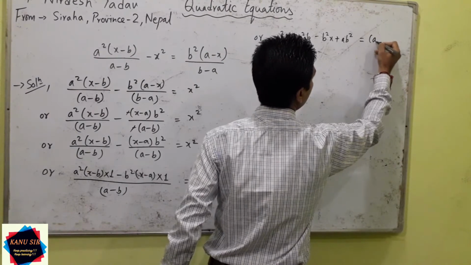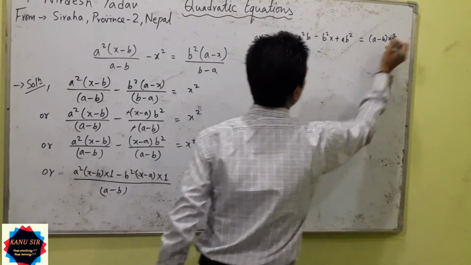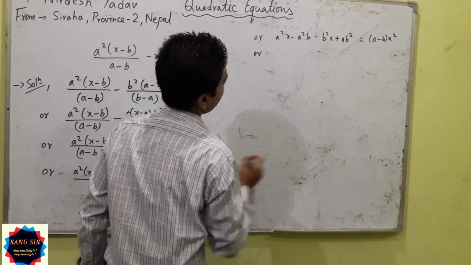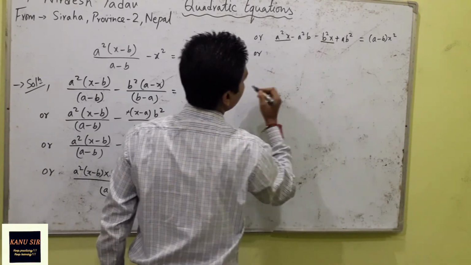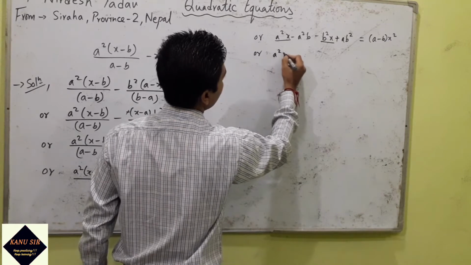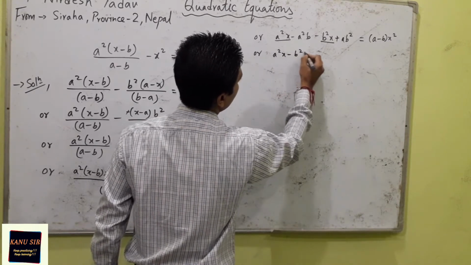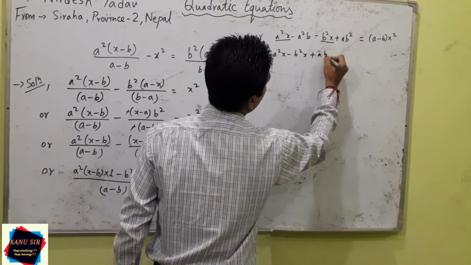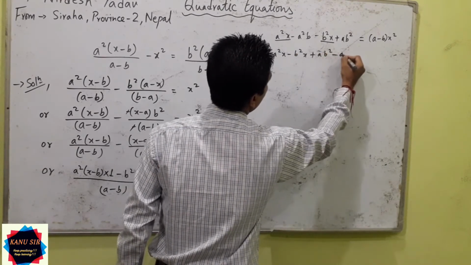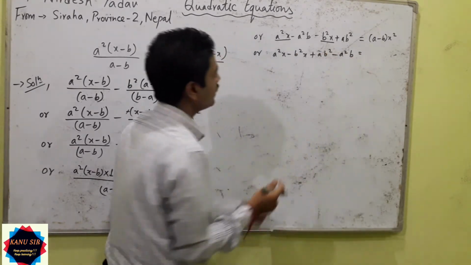You can write a minus b times x square, or you can arrange the like terms. Here a square x and b square x are like terms. You can write a square x minus b square x, and the remaining you can write a b square minus a square b. Why did I do so?